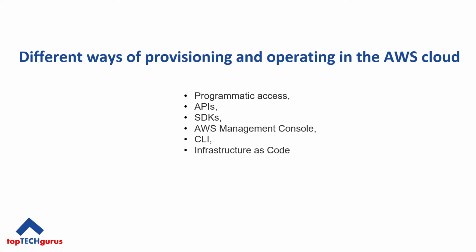So you can invoke that to start or stop services, or to even provision services. Provisioning services is to create a new service, like set up a new EC2 instance. That's something like a provisioning.